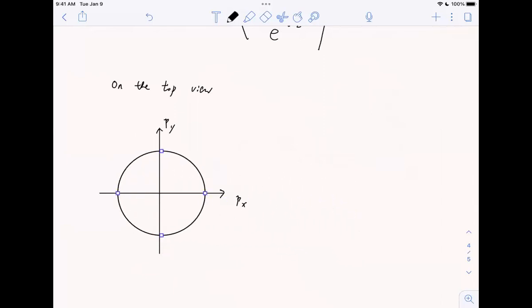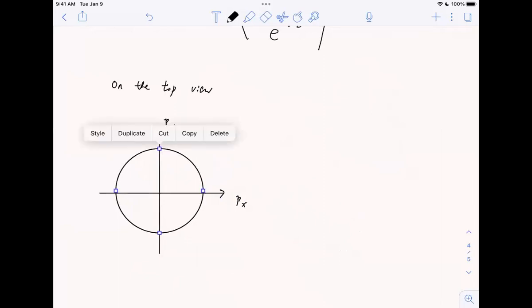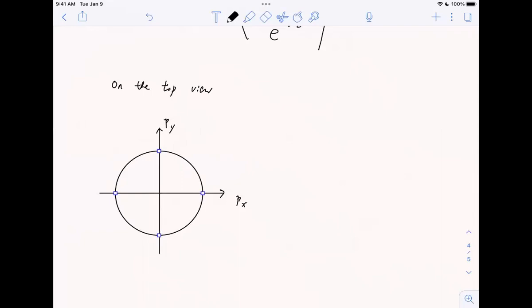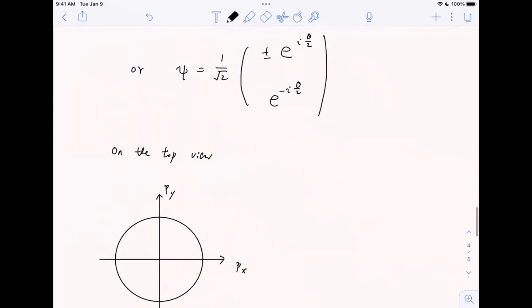Okay, put it here. Okay, so this is the circle. Okay, so if you look at it from the top, you see a cone that is a circle. So let's look at the spin direction.